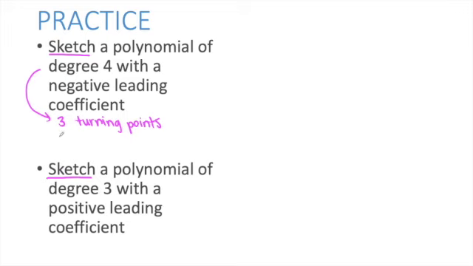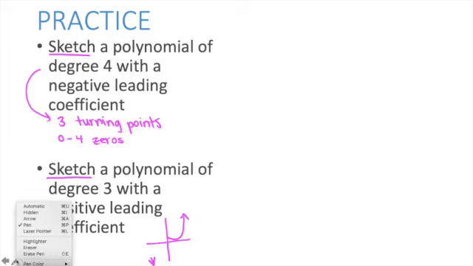Okay, so there's lots of different graphs that you can draw there. Again, degree 3 can have up to 2 turning points, and with a positive leading coefficient, remember that it is going to have to end in that first quadrant, and it's going to have to end in your third quadrant, okay?